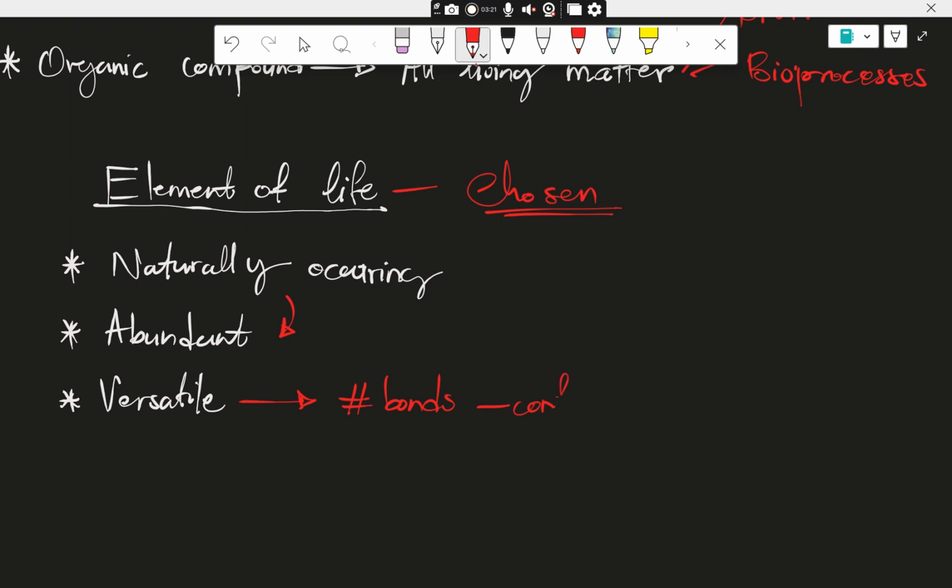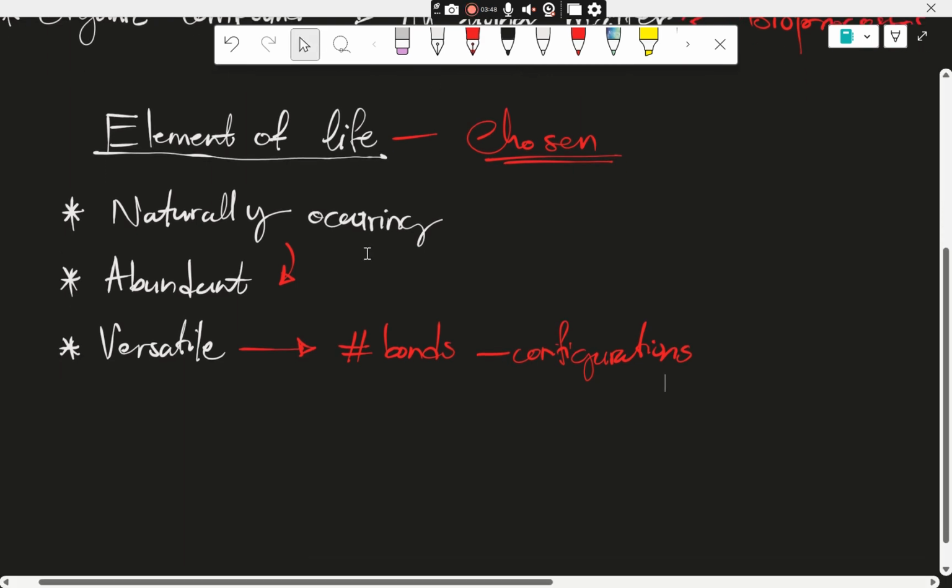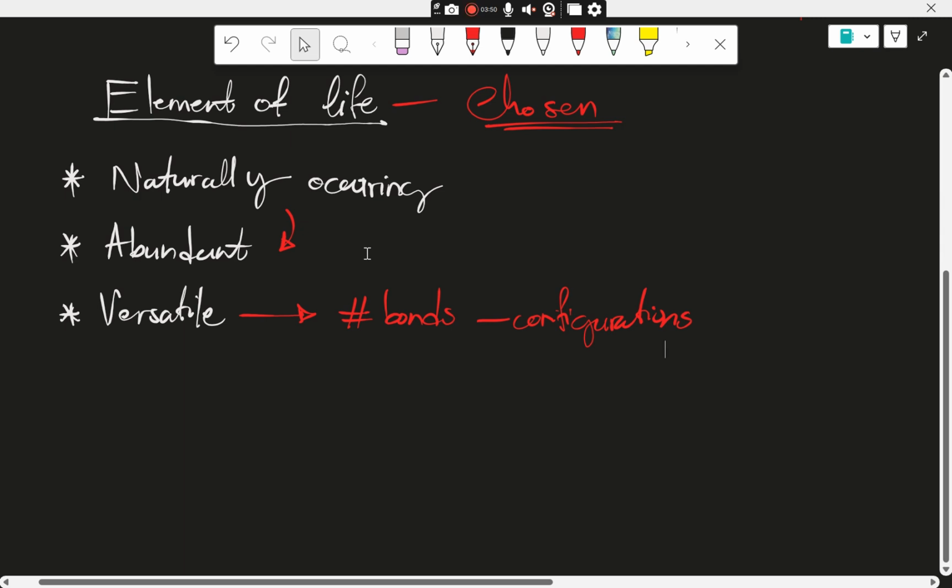We'll be looking at this when we start looking deeper into hydrocarbons, alcohols, aldehydes, esters, all those organic compounds, right? That will make us understand, oh, okay, so it has many configurations. That's why it's versatile, right? Because it can be found there, there, and there. So different configurations of the same thing. That's what carbon is capable of. So that's why it's the chosen element of life, right?